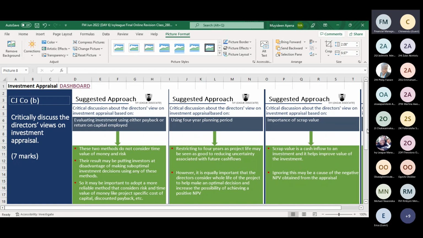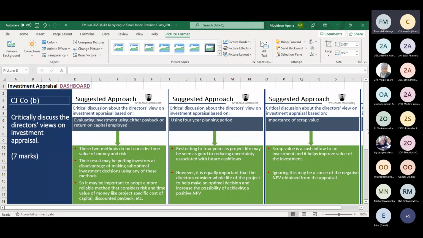So it may be important to adopt a more reliable method that considers risk and time value of money, like project-specific cost of capital, like discounted payback, and so on. So you're advising to say their view is not a good one for the company, because investors are likely to be misled going by these methods.